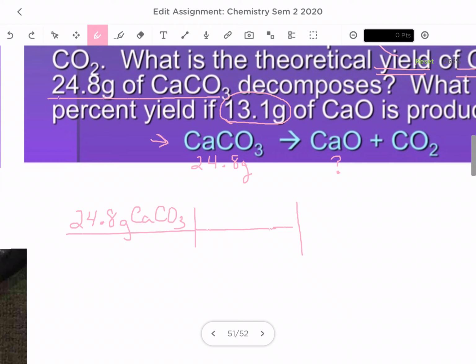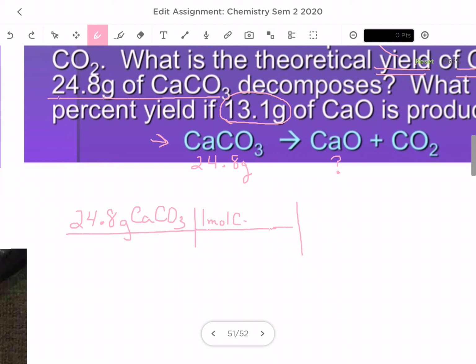So using the mole math, I know there is 1 mole of CaCO3. And then I have to figure out the molar mass. Right there, periodic table. So I have to add up the molar mass of CaCO3.